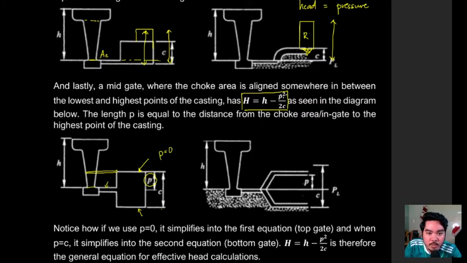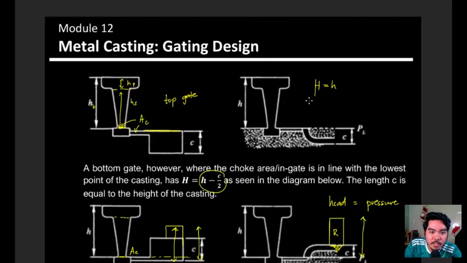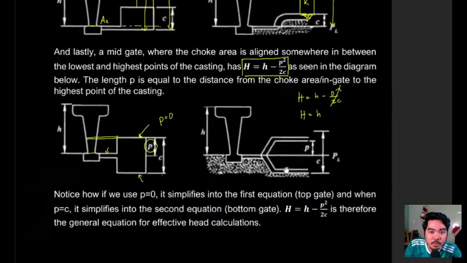Right? So if we input P equals 0 in this equation, we have H equals H minus 0 over 2C, which cancels out, so H is equal to H. Which brings us back to the first equation, H equals small h.